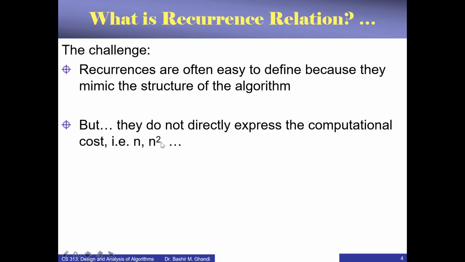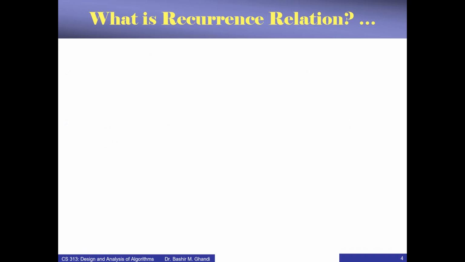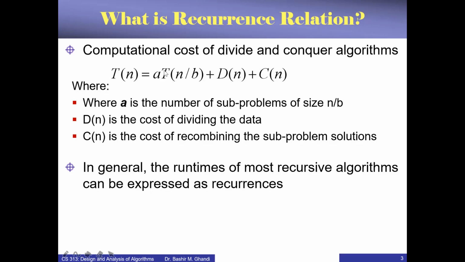but they do not directly express the computational cost in terms of n. As you saw on the right hand side, we still have the function appearing on the right. What we will want is for this T on the right to completely go away, so that we have everything as a function of n: n or n squared or n cubed or some function of n, but without repeating the T itself.